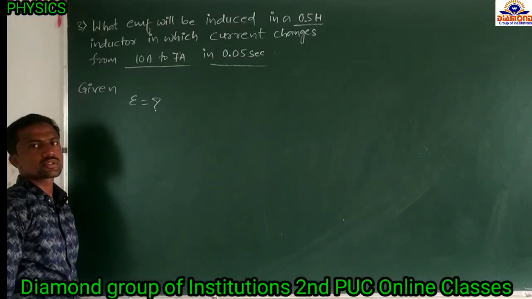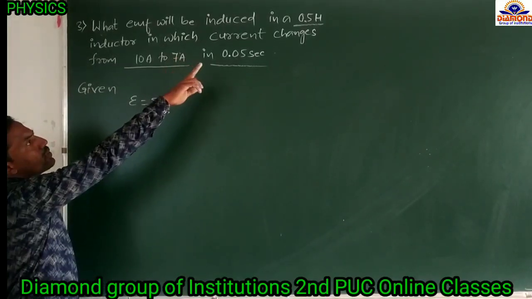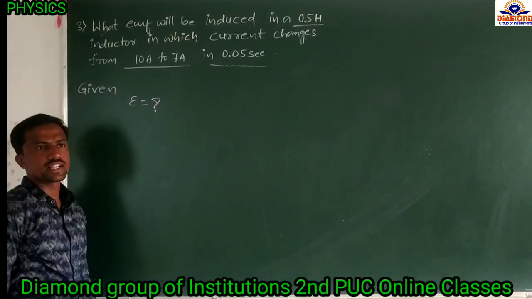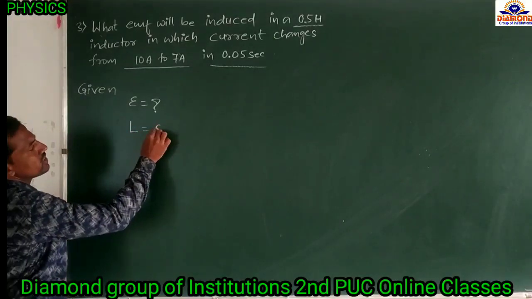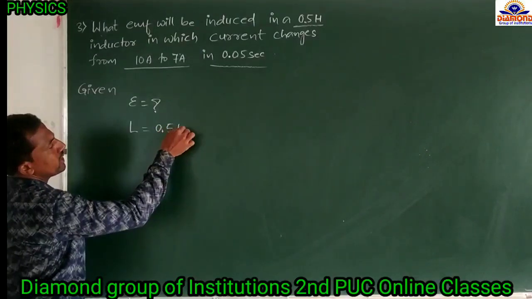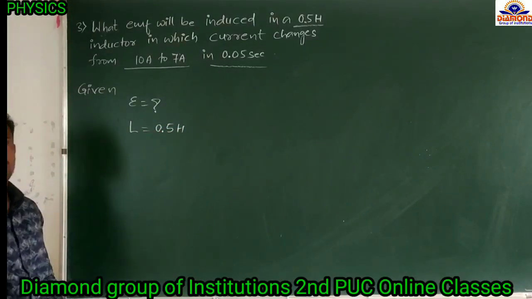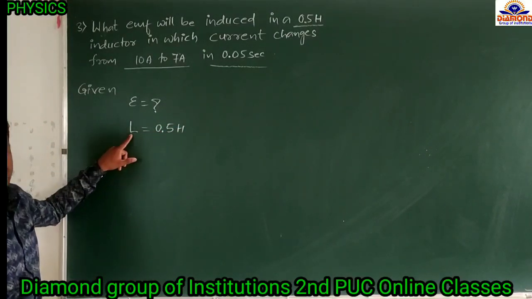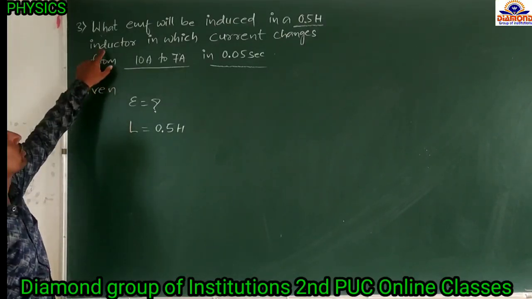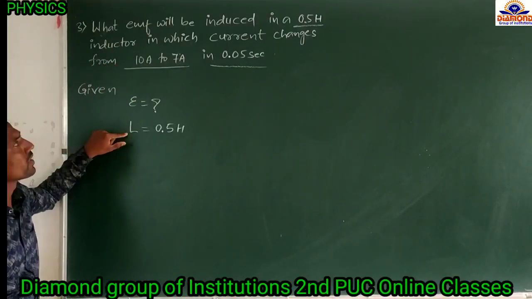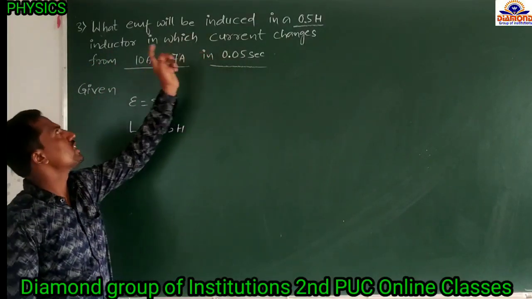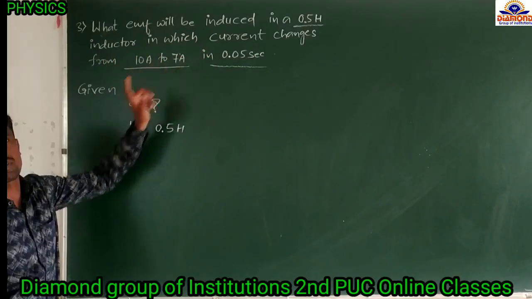Next one: induced in a 0.5 Henry inductor. Means L value is given, 0.5 Henry. Henry is the unit of inductor, or mutual inductance. Inductor is denoted by L, in which current changes from 10 ampere to 7 ampere.